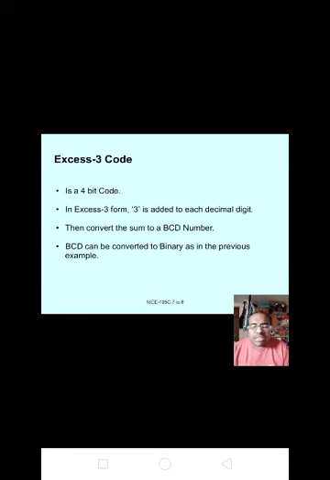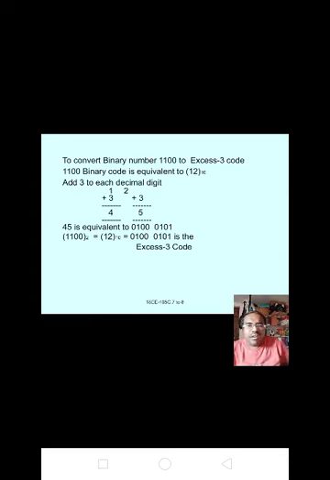BCD can be converted into binary as in the previous example. Here 1100 is the binary equivalent of 12. Here add 3 to each decimal digit: 1 plus 3 and 2 plus 3, that is 4, 5. 4, 5 is equivalent to 0100 and 0101. So 0100 0101 is the XS3 code.